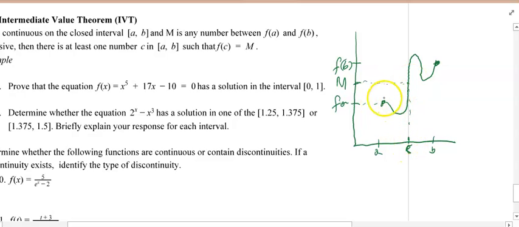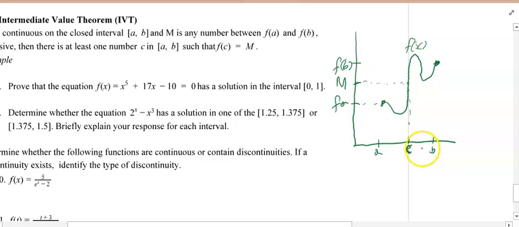As long as f of x is continuous in this interval, then there must be some c here that matches. So what we are talking about is intervals. If m was 0, there must be some number.